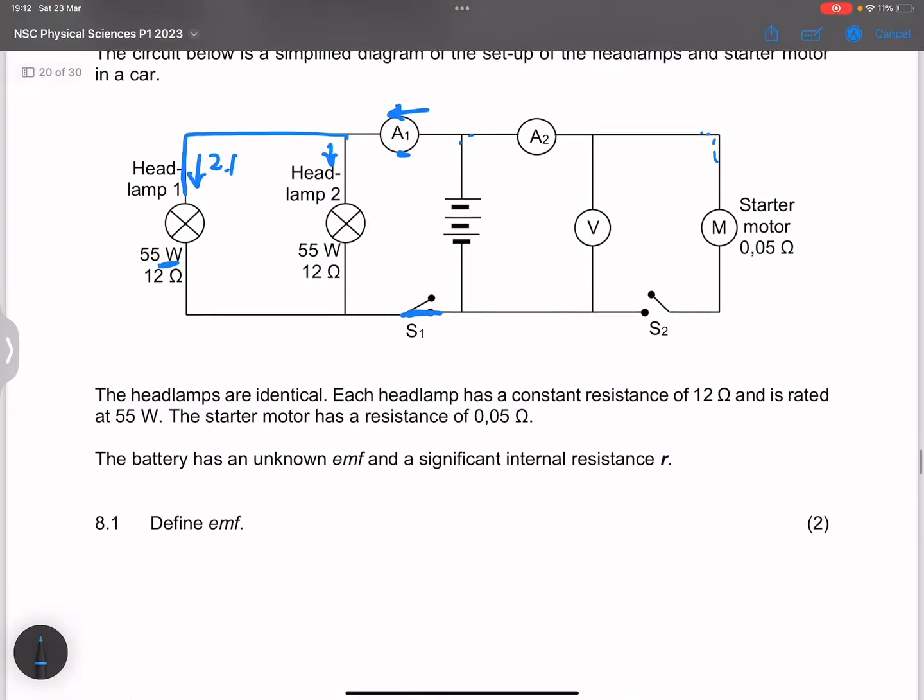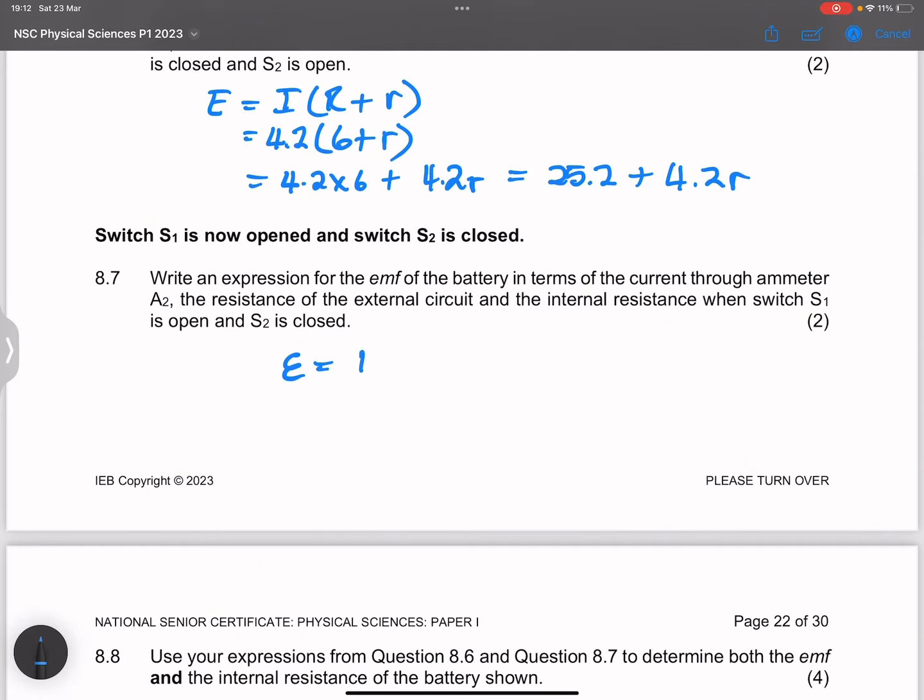So in that case, the EMF would be I times R plus r. Our current was 10. Our resistance through the circuit was 0.05 plus small r. So we said this would be 0.5 plus 10r. Okay, right, so that's how we'd get the expression there.